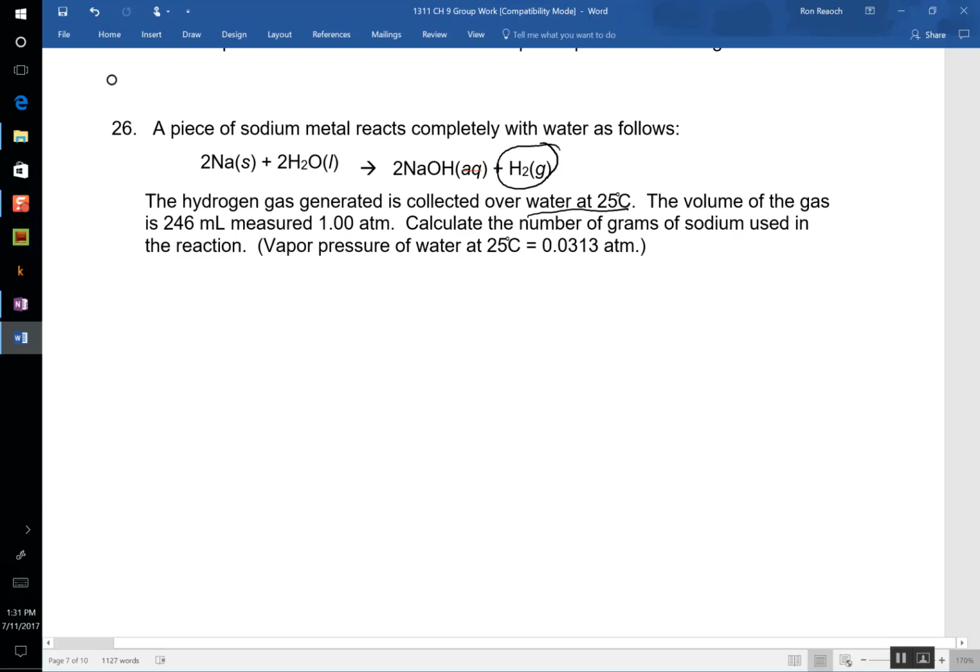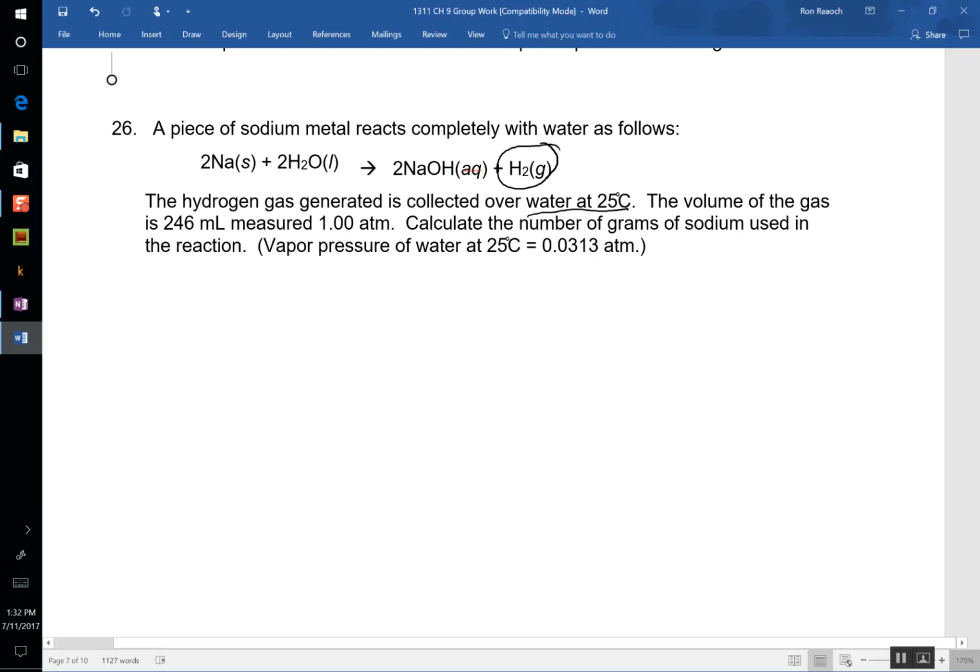Now let me just draw on the board what this looks like in the laboratory. Now what are we reacting? We have a reaction going on here. We've got some water here, and we want to collect this gas. So we have a little flask like this, and it's got a side arm on it, and we put a rubber stopper in here, and we put a tube like this.